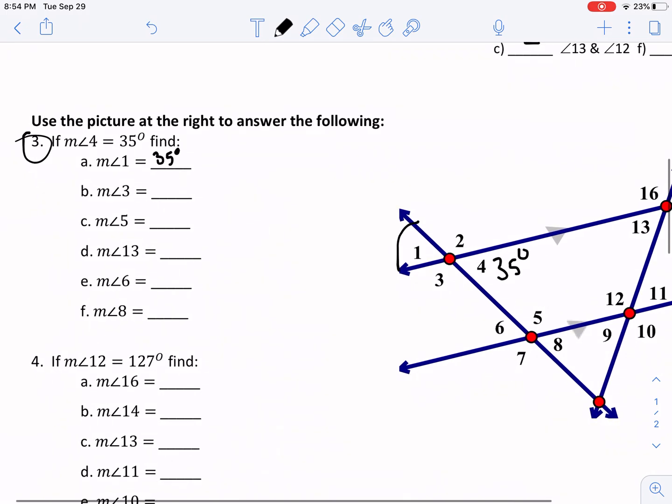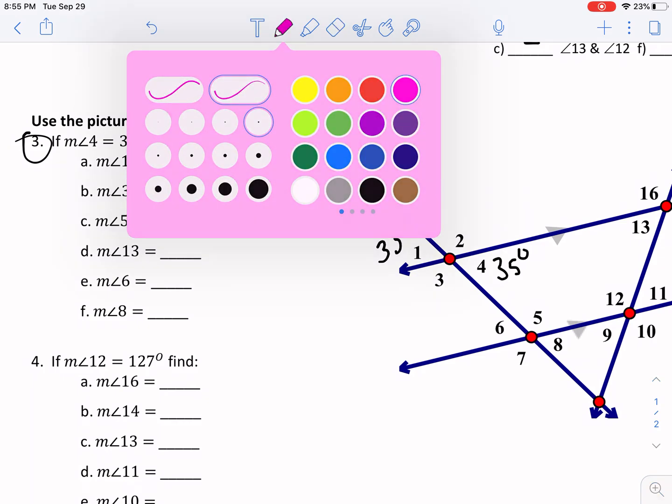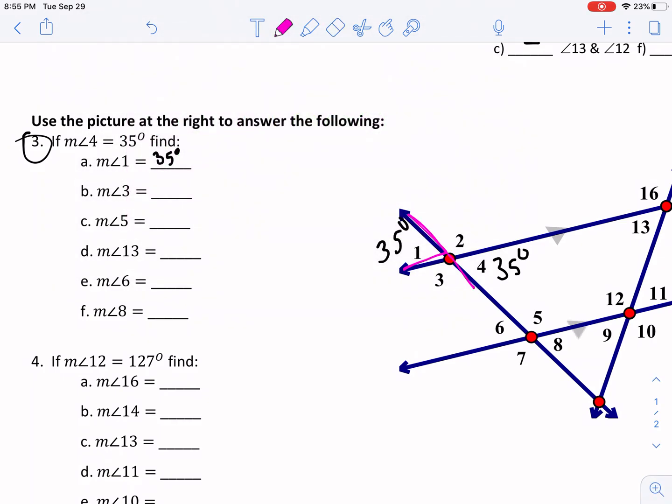Okay. So then we also have angle 3. Now, we knew that this was 35 degrees because of the vertical angles, and we're trying to figure out what angle 3 is. Well, notice, angle 1 and angle 3, what do they make? Aren't those adjacent angles? Don't they form a straight line? So that's a linear pair. What does that mean about angle 1 and angle 3?